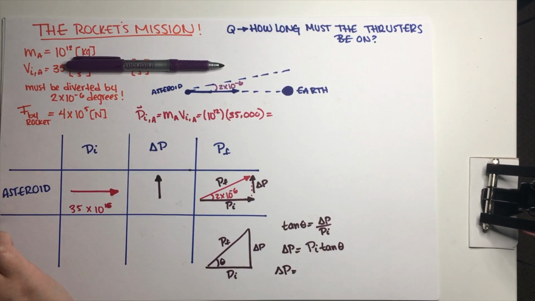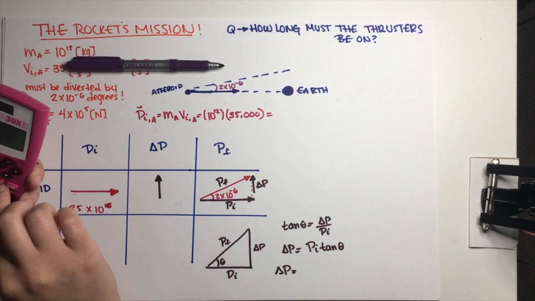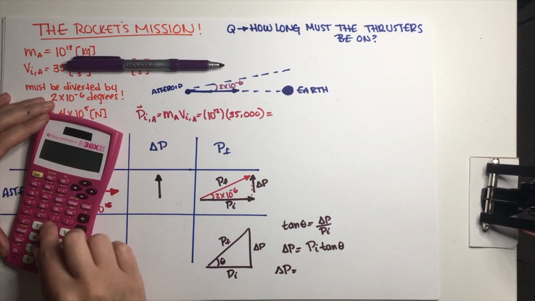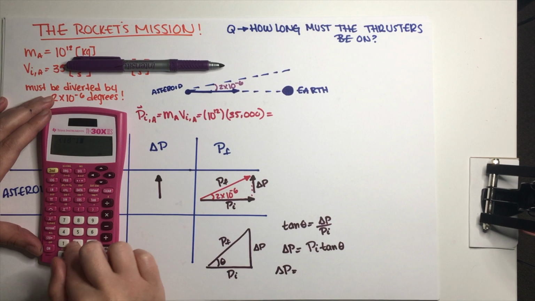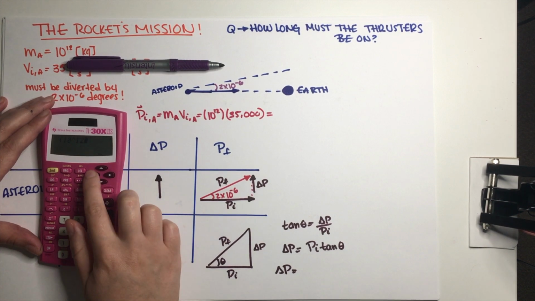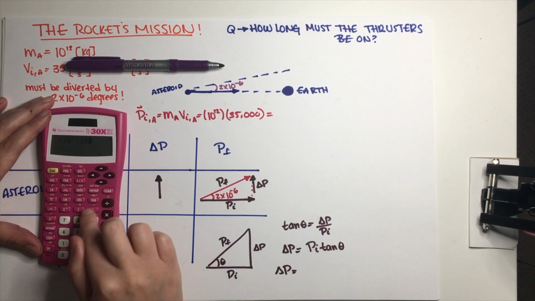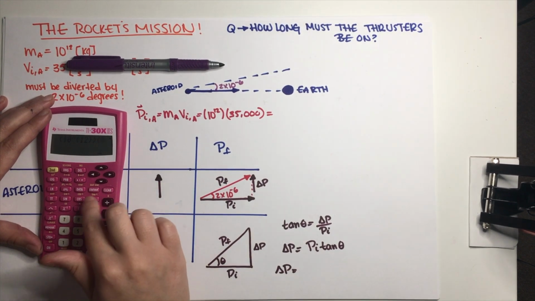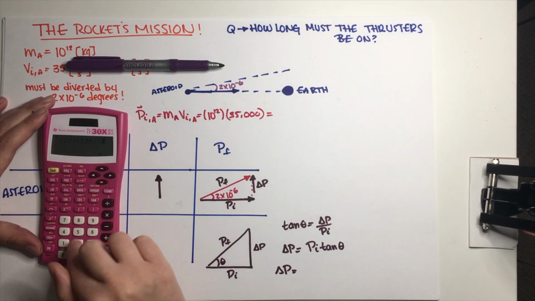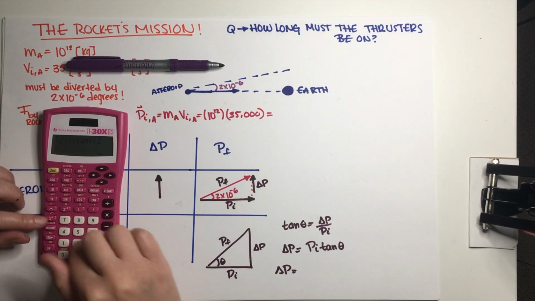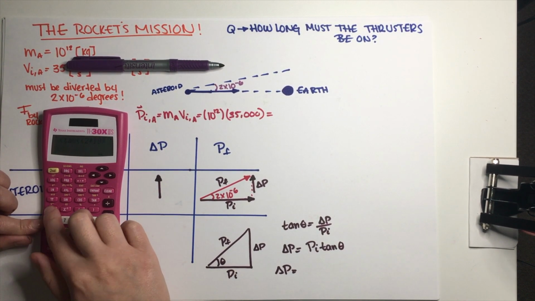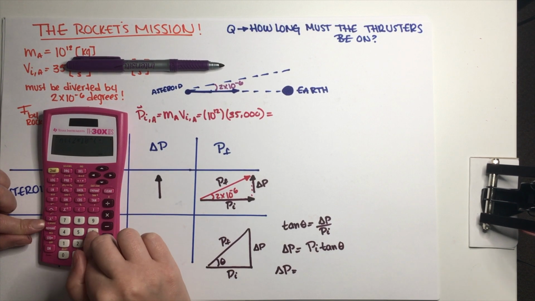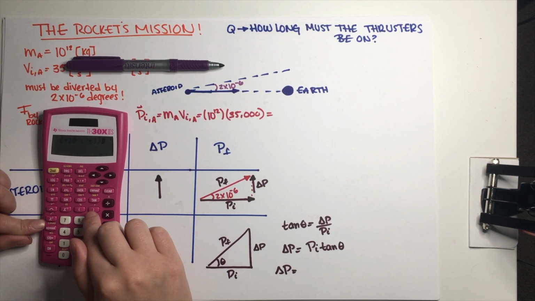So it's 10 to the 12, let's just put this in parentheses here, and then we have tangent of 2 times 10 to the -6.